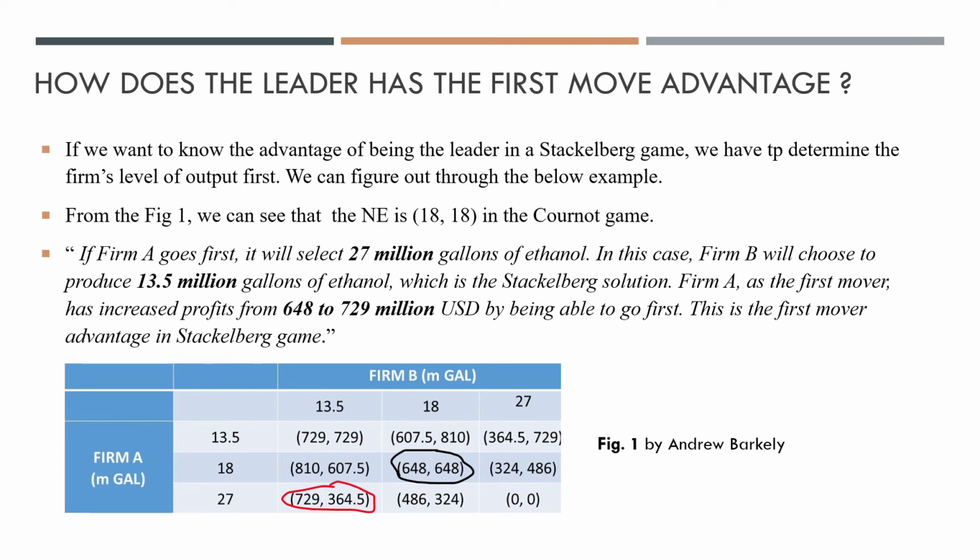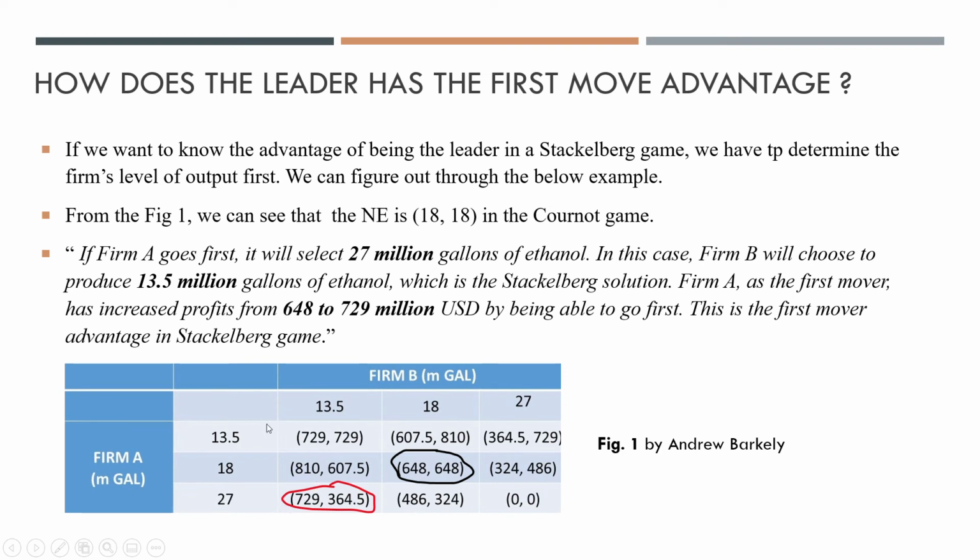But why? How is it different? Because Nash equilibrium means the firm will choose the best response regarding other people's choices. However, for this one, firm B will move according to firm A's decision to make its own best response, right? So firm A will choose its best result first.